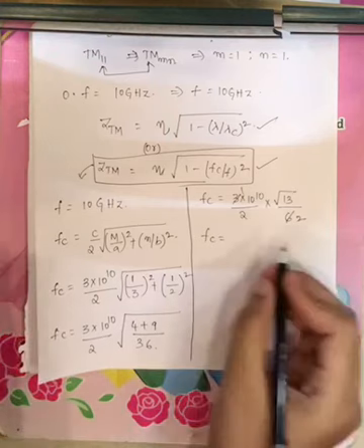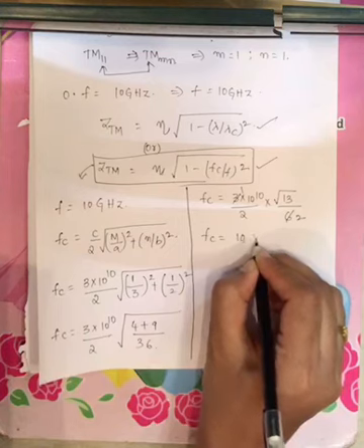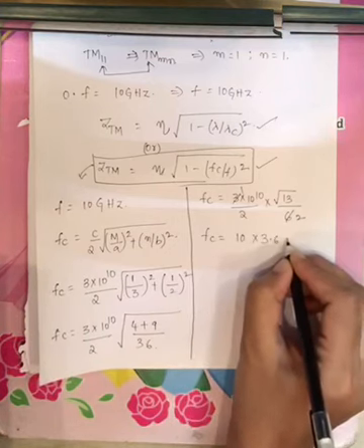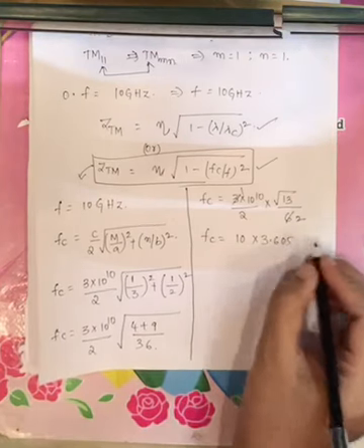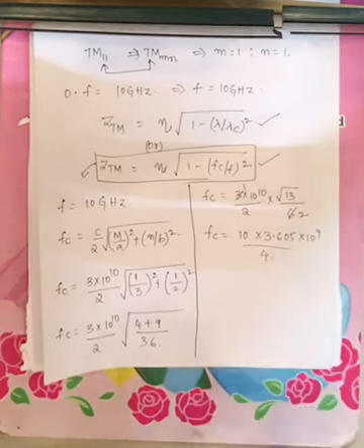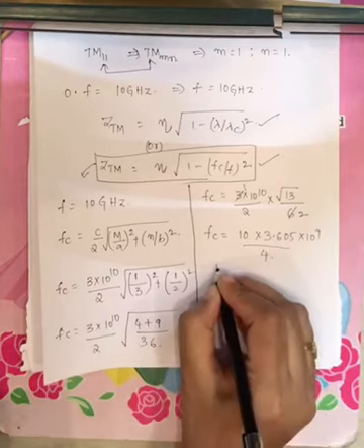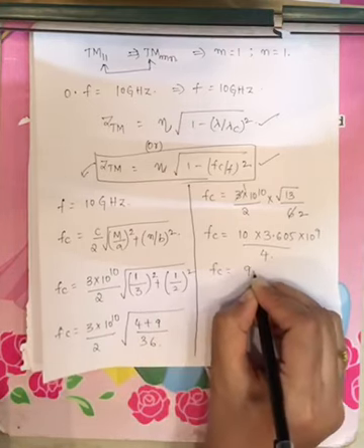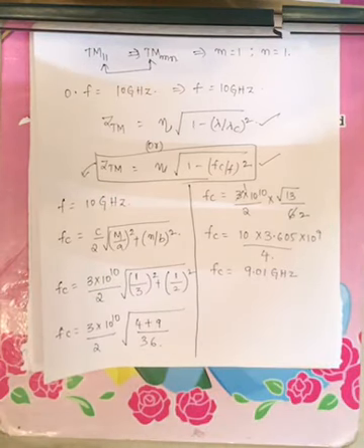Root 13 is 3.605. So root 13 is 3.605 into 10 power 9 divided by 4. And fc you are getting as 9.01 gigahertz. 10 power 9 is nothing but giga.